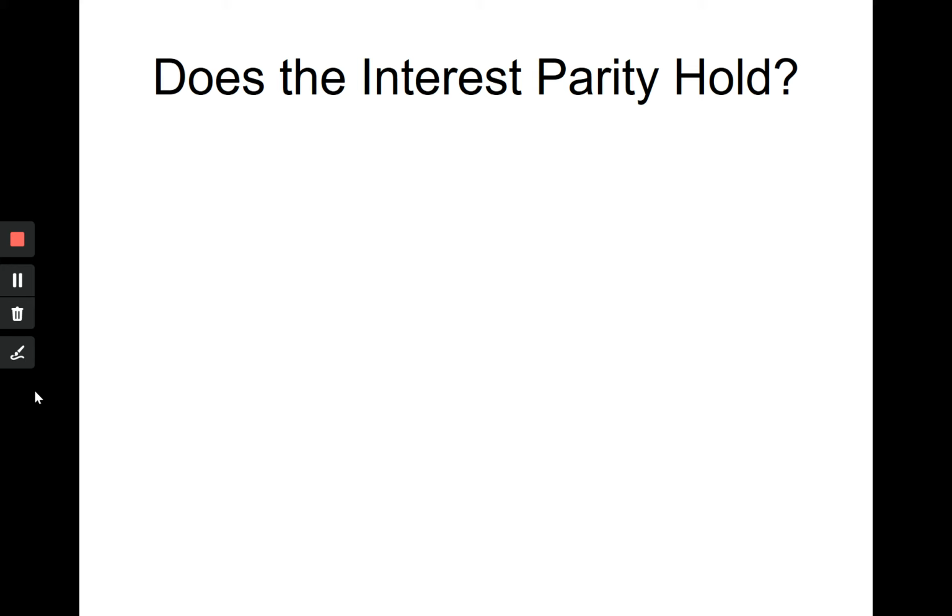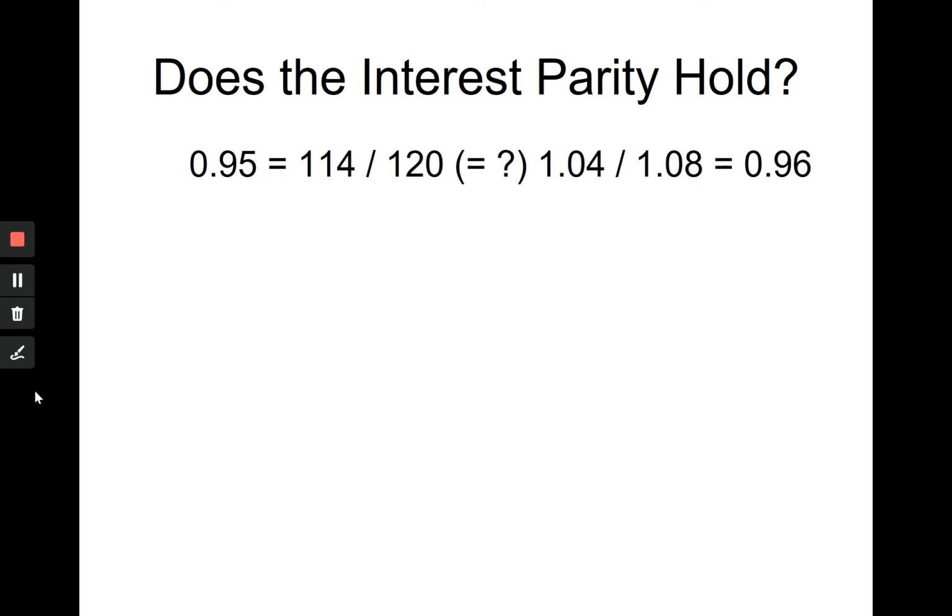And my funny way was saying we are hospitable and we let the foreigners go first and then the domestic people come. So we have 1 plus RF, the foreign interest rate, divided by 1 plus RD. A funny way of thinking about it, but it makes me remember the equation. Anyways, this is an equation you should know by heart. Once you write the equation, you start putting numbers in it.